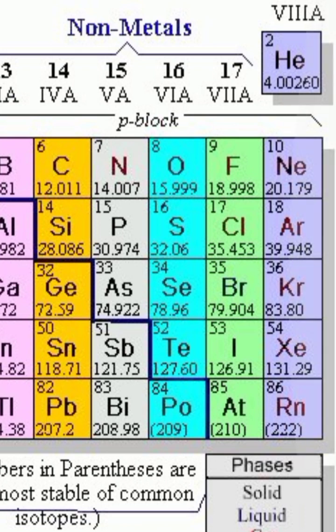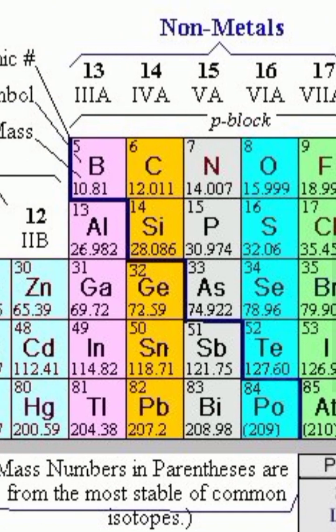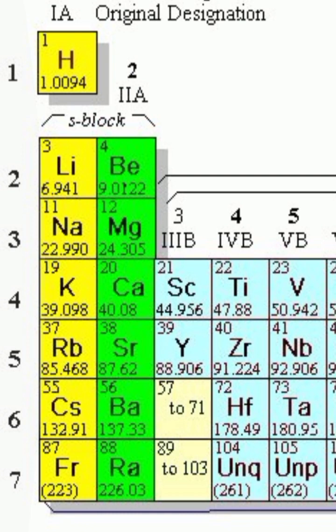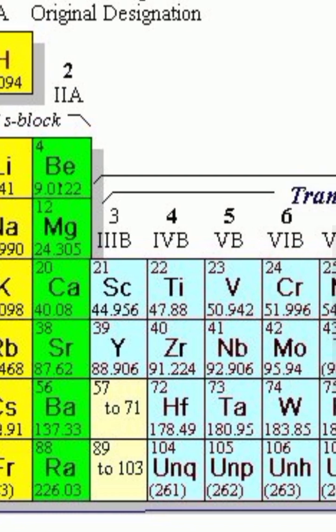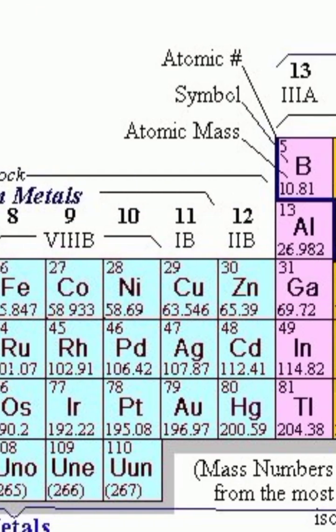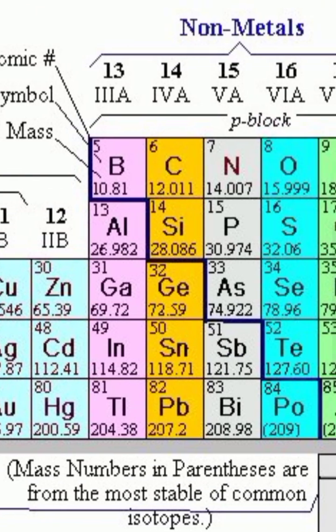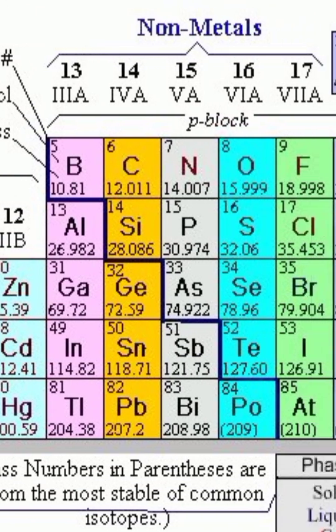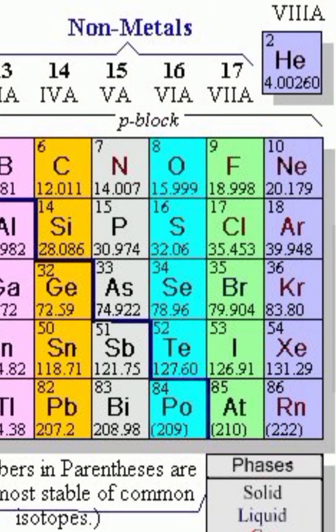Then group 18, which is group 8, are called the noble gases or rare gases. So we have group 1, alkali metals, group 2, alkaline earth metals, group 3, the triels, group 4, the tetrels or carbon group, which they also call metalloids or semi-metals.